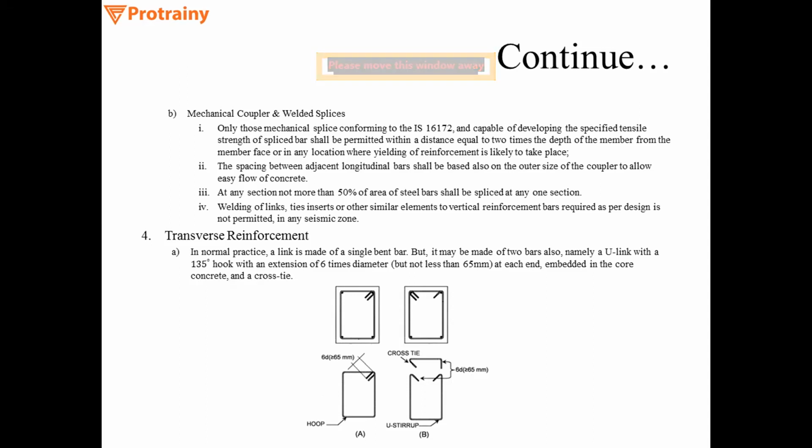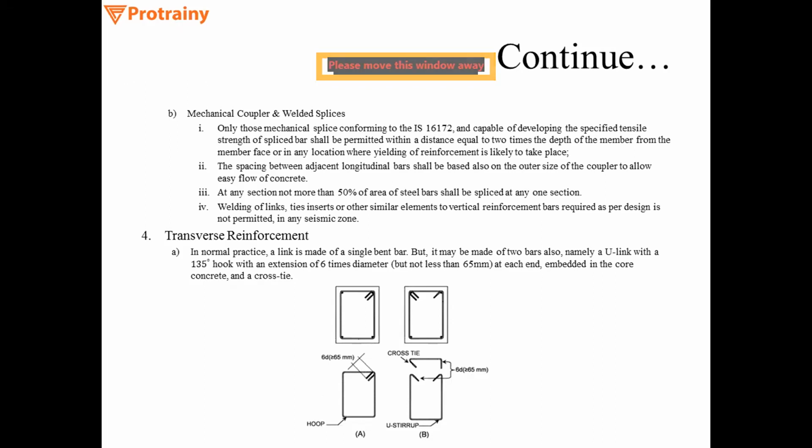As you can see in figure A and figure B, figure A is itself a loop of a single bar, and figure B consists of two links, one a cross tie and one a U stirrup. These both are combined to form a tie.